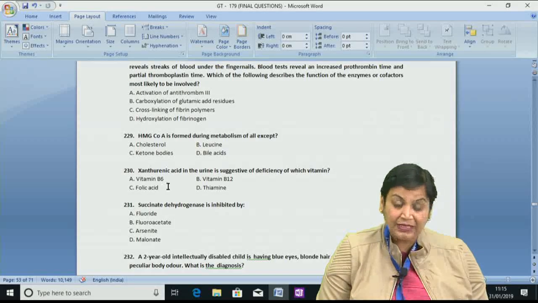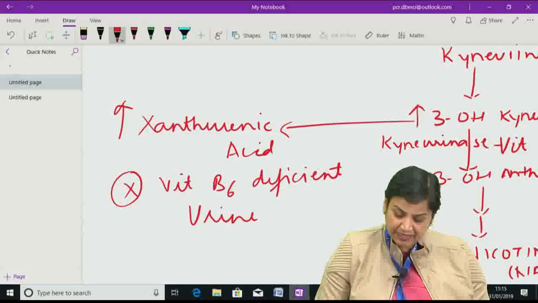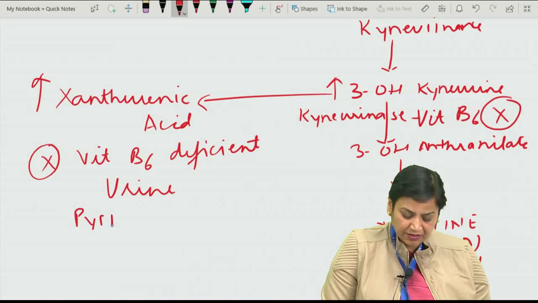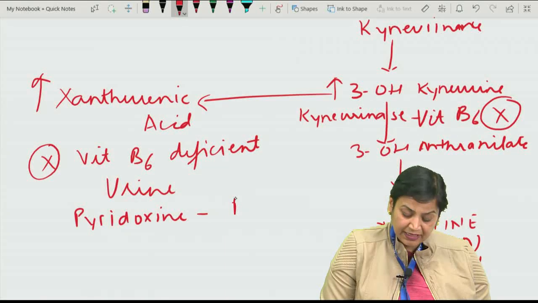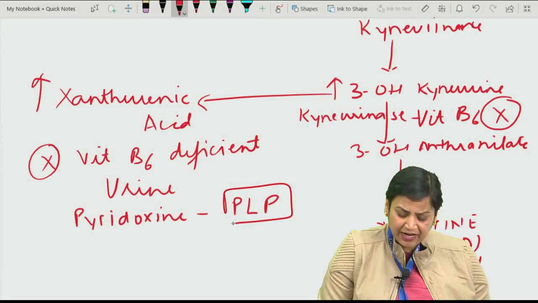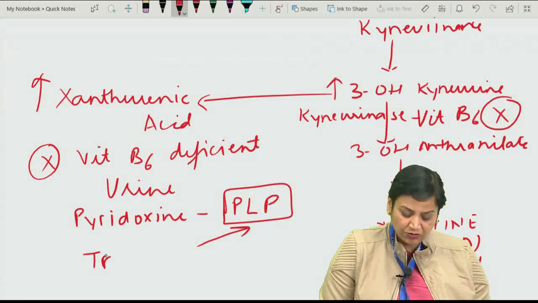So it is vitamin B6. Now vitamin B6, it is pyridoxine. The active form of pyridoxine is PLP. PLP is a very important coenzyme of transamination also.